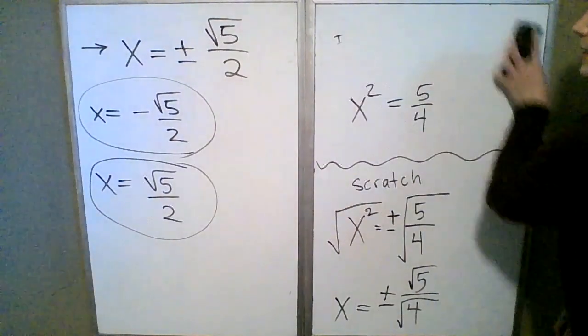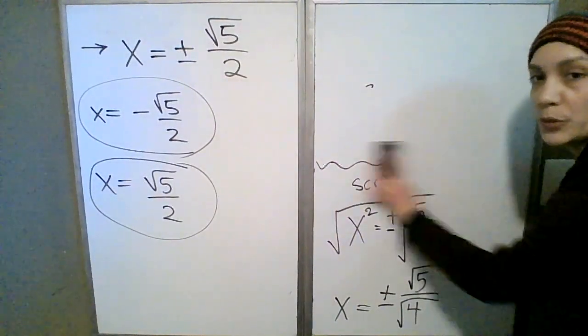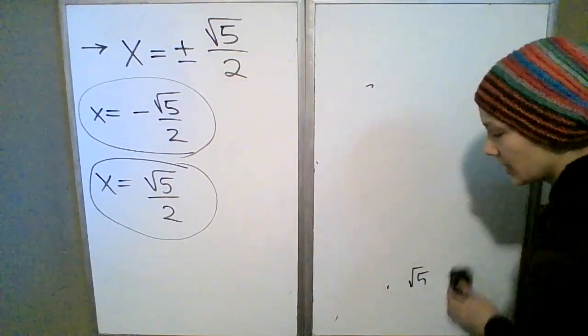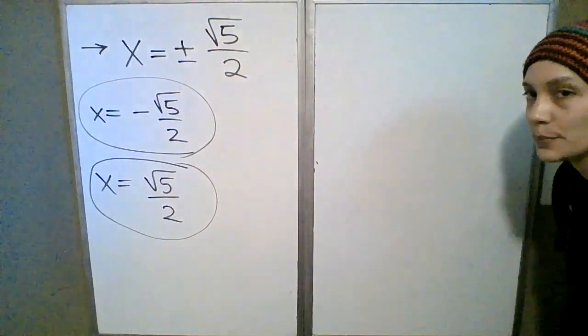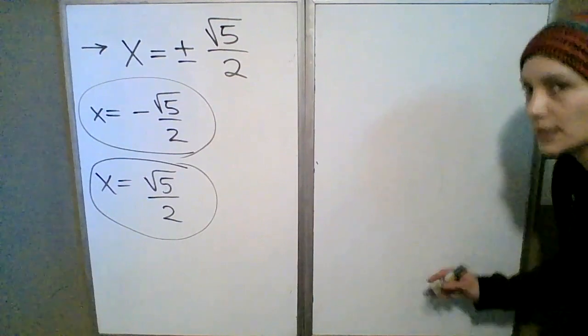Okay, another one using the square root property. And we're going to just keep solving. Let's solve for t. So solve for the variable t.